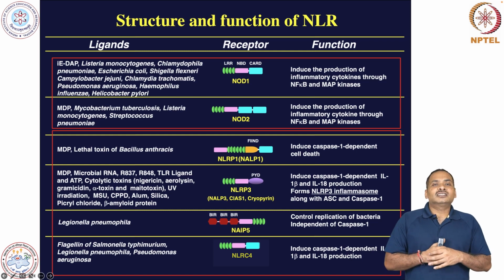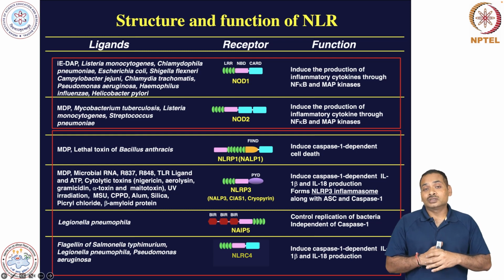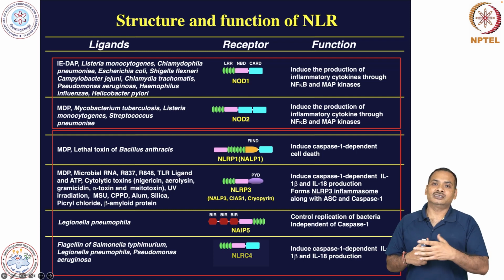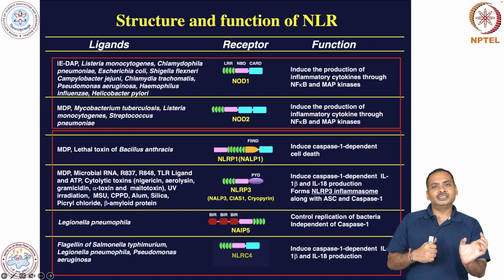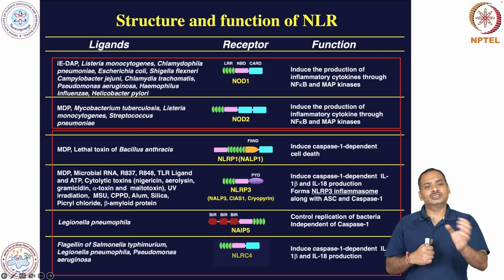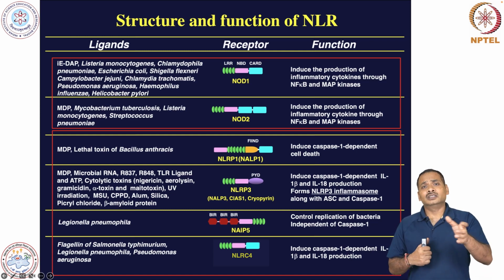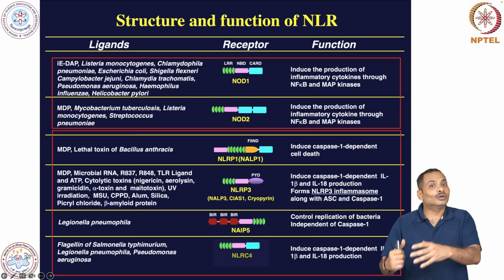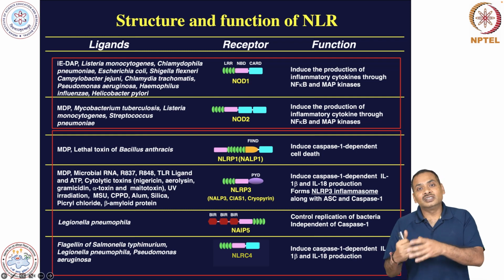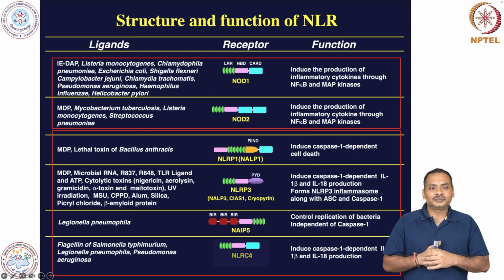So Bacillus anthracis makes this lethal toxin along with two more proteins, which we call protective antigen and edema factor. Okay. So this protective antigen basically helps in transporting lethal factor and edema factor inside the cell in order to kill the target cells.